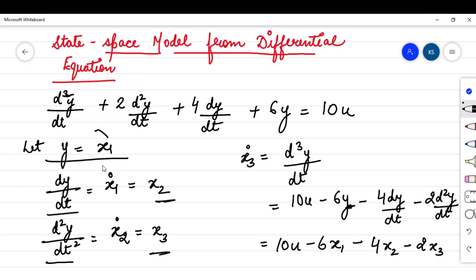So we know the first order differential of every state variable.